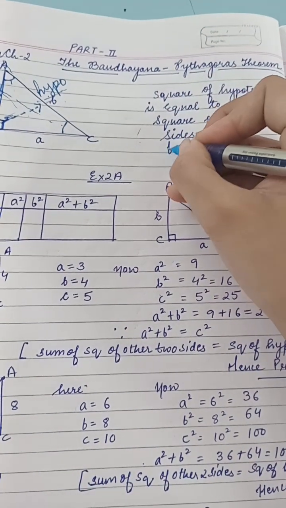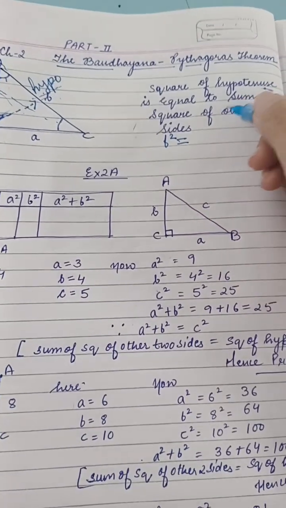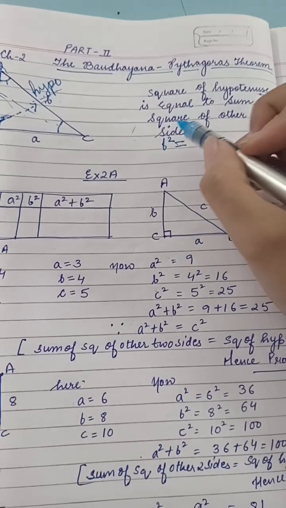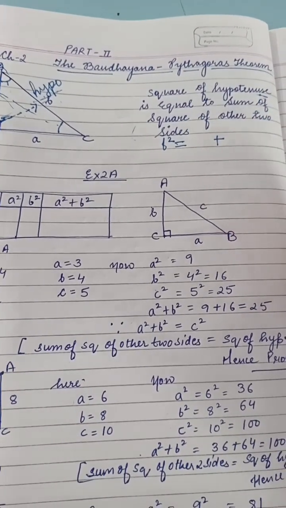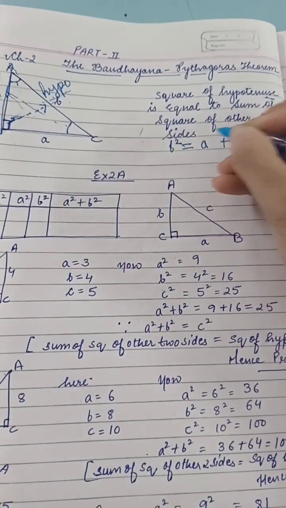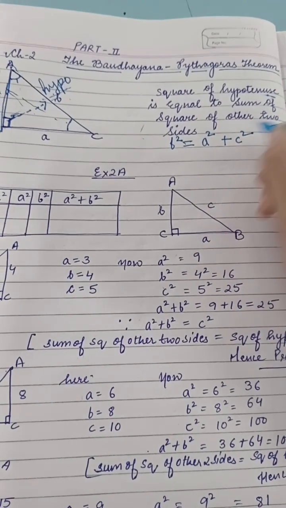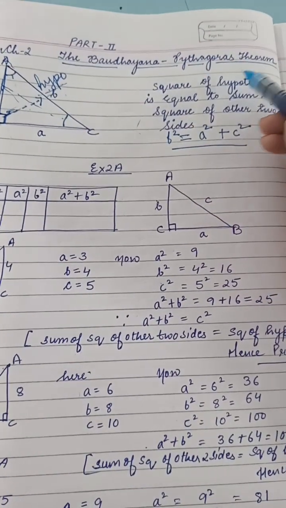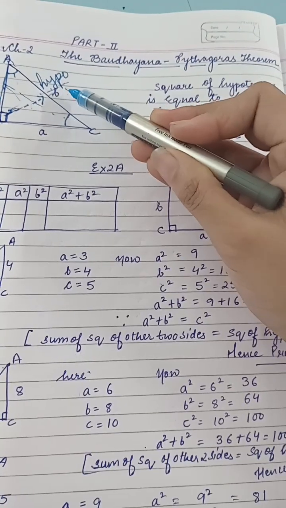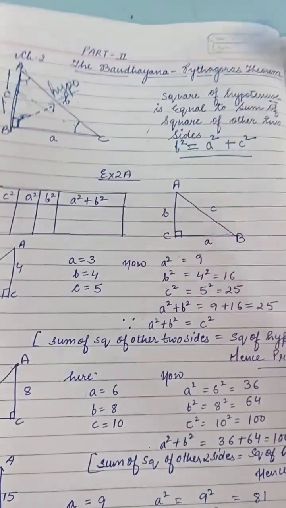The square of the hypotenuse is equal to the sum of the squares of the other two sides. The hypotenuse we have taken as b, so b square equals the sum of the squares of the other two sides, a and c. So b square equals a square plus c square. This is the Bodhayana Pythagoras theorem.